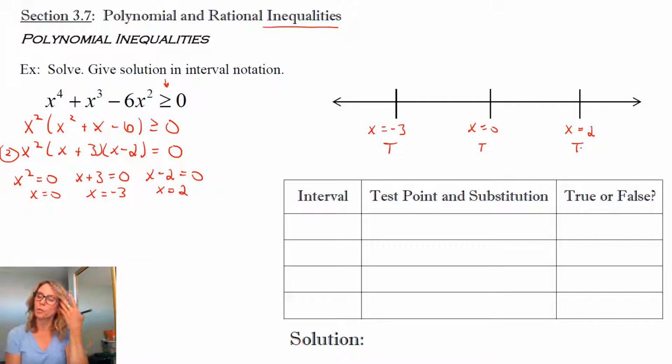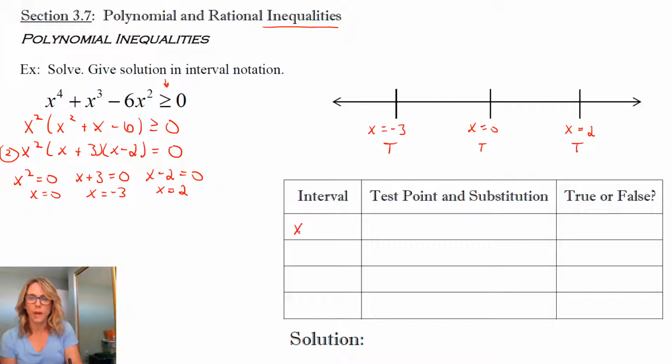Now, a couple different ways you can go about this. With what I have there, you can make intervals and do test point substitution. You could also do it by just testing values, putting them on your number line there at the top. As you get quicker, you may decide to make changes to how you do it.